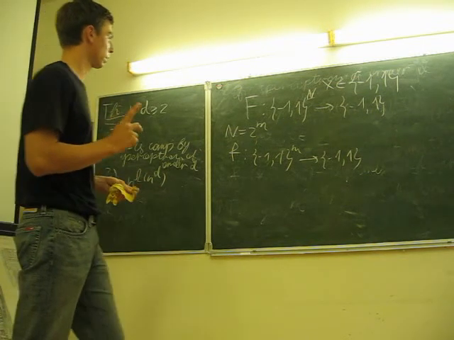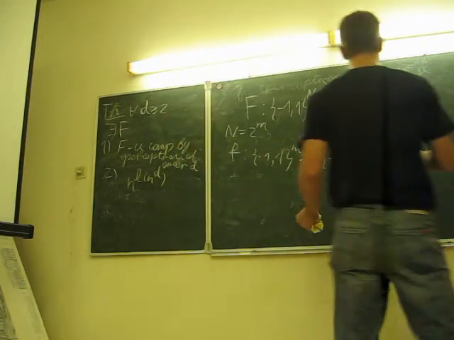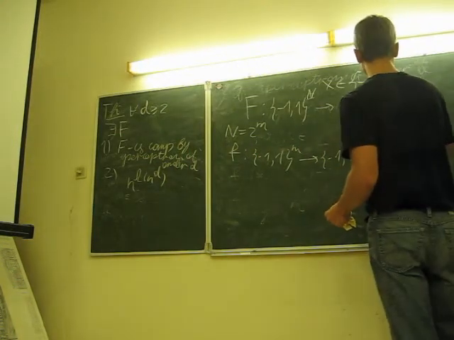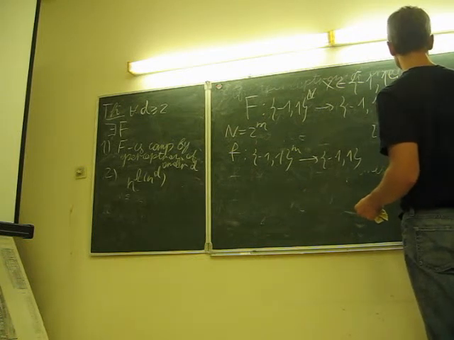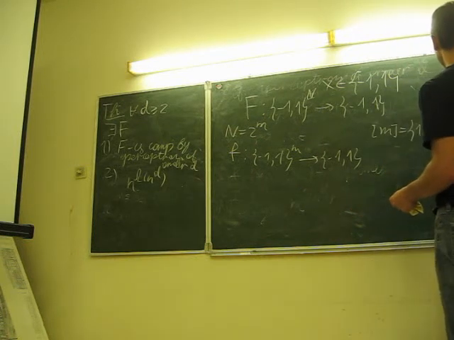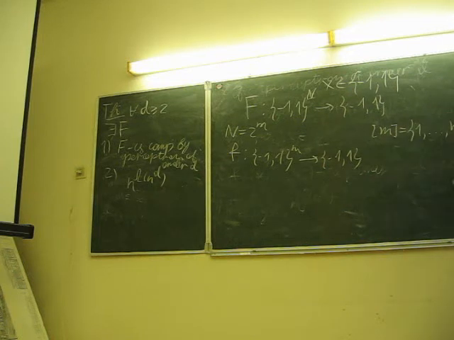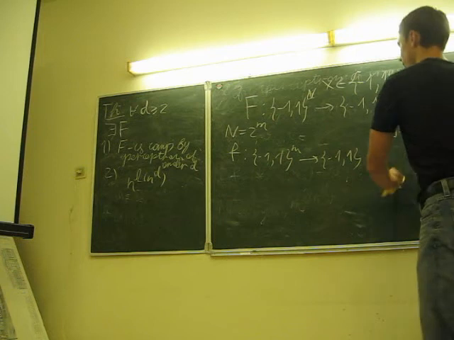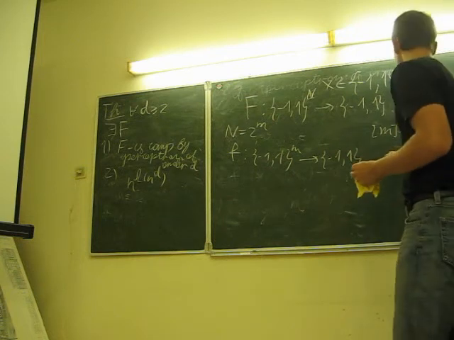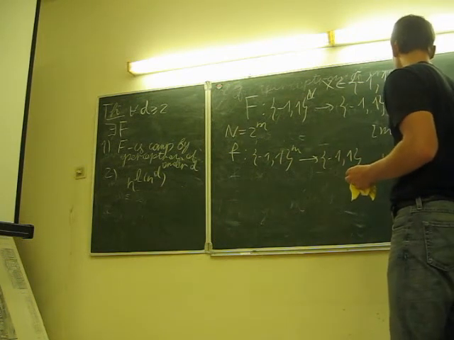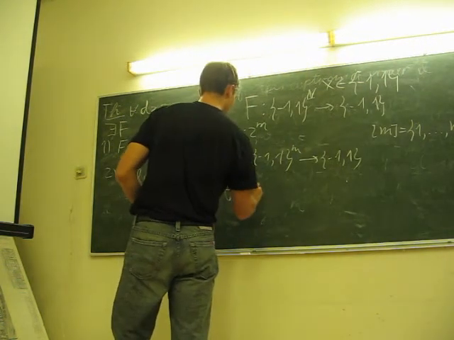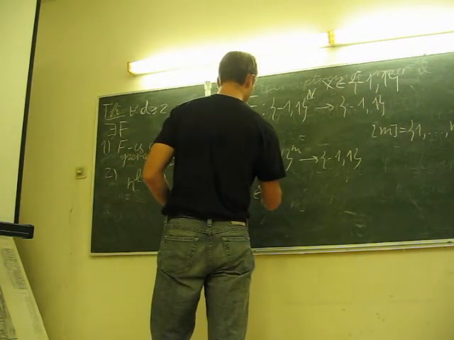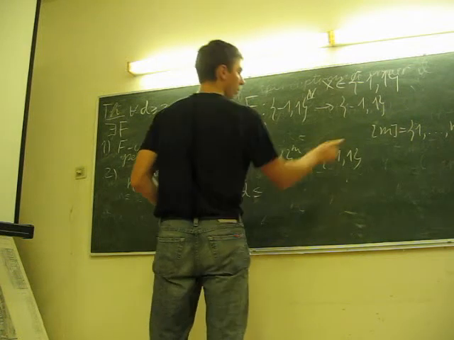Now we need some definitions. Let us denote the set of all natural numbers from 1 to m by this thing. Now we need some functions, phi, for every subset of this set.